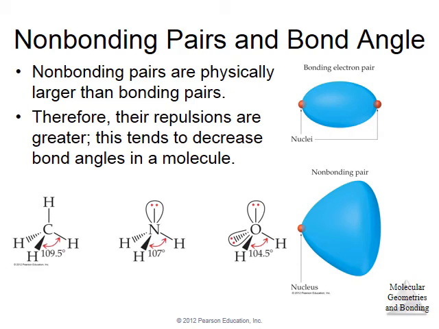Now, how non-bonding electron pairs can influence the bond angle, that's what we are showing you here. In first example, we have methane. Angle is 109.5 degree because it's a tetrahedral structure. All the electron pairs are bonded. In case of NH3, only 3 hydrogens bond to those tetrahedrally directed 4 pairs of electrons.